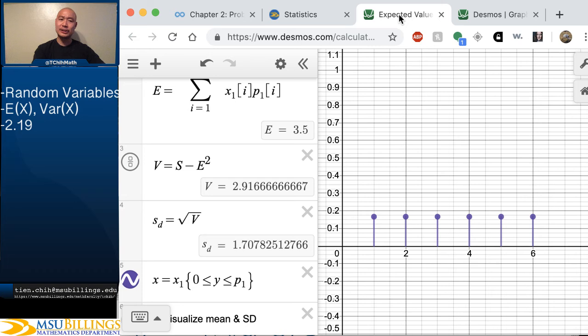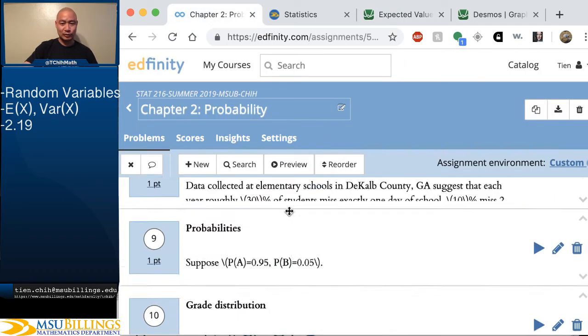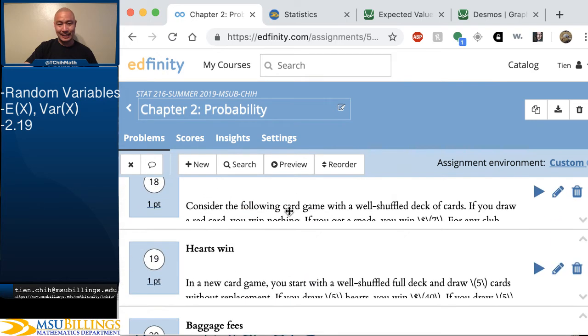Let the machines do the boring computational part. And as a human, what you want to be doing is thinking big picture and trying to understand what's going on with these problems and why they behave the way they do. All right. So, in light of that, let's go ahead and go to problem 2.19 as requested.